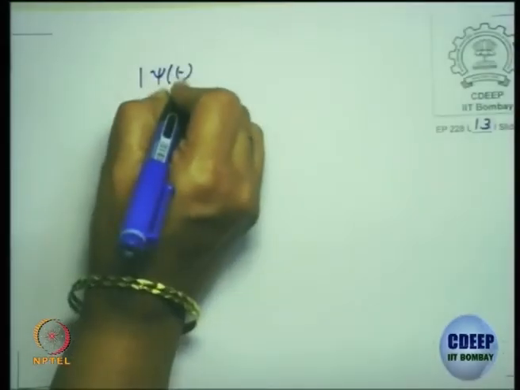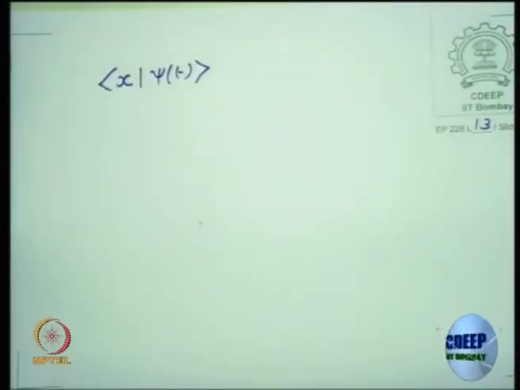So using this equation, we also went into the position representation, right? So how to make contact with your time dependent Schrodinger equation, which you have learned in the wave function formalism. We went into that, and we had psi of t with projection onto the position basis.